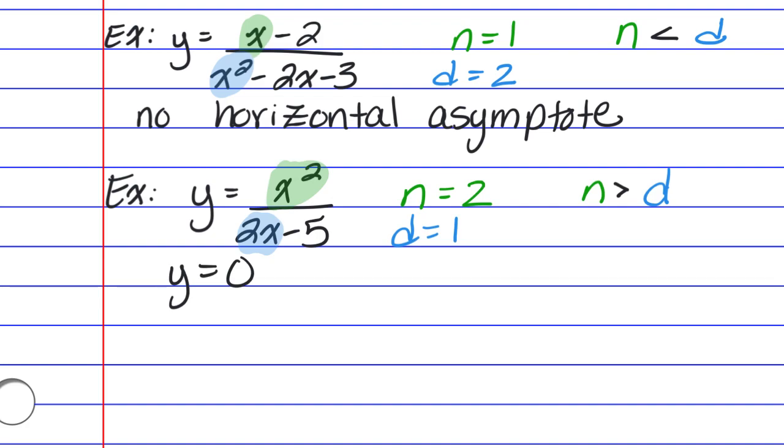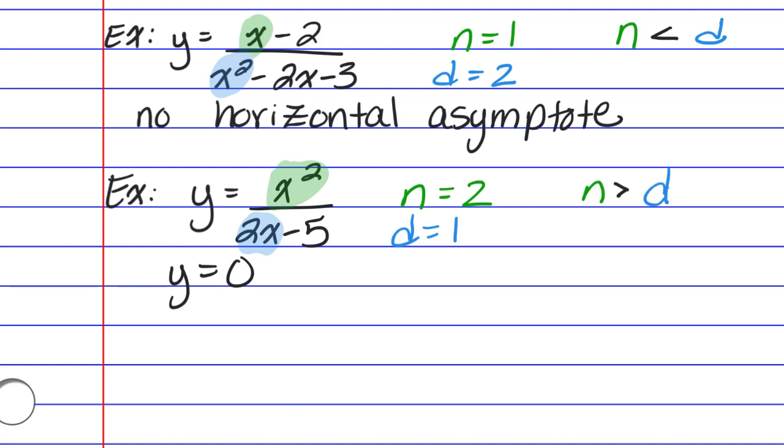asymptote. My third example shows when the degree of your numerator is greater than that of your denominator. So in the numerator of my third example, x squared divided by 2x minus 5, my highest degree in the numerator is a 2, whereas the degree in the denominator is a 1.